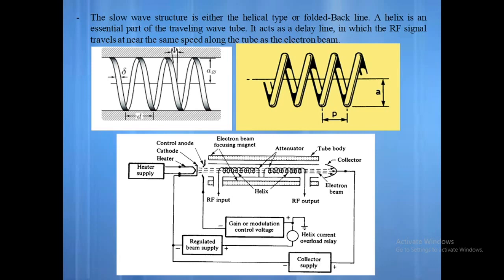Both the RF signal and the electron beam travel at the same speed. Here there are two parameters which must be identified in the helix. The first one is P, which is the helix pitch, and the other is the circumference of the helix. So this is the actual, detailed diagram of the traveling wave tube.